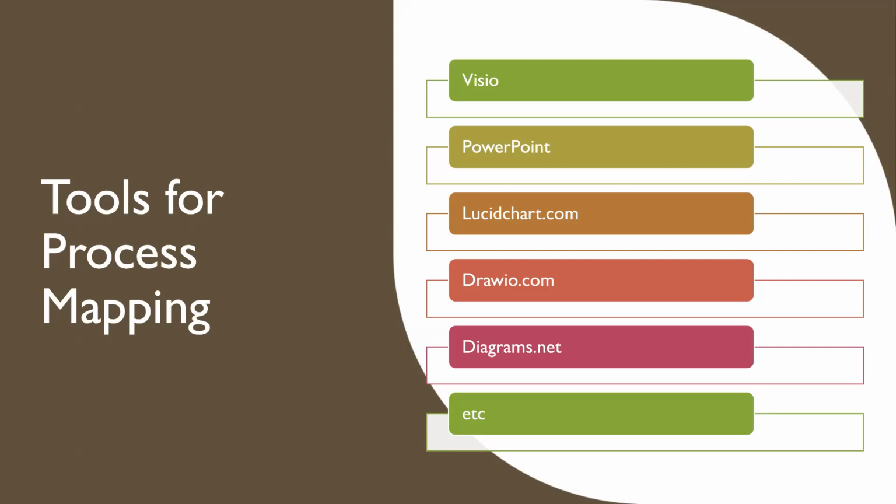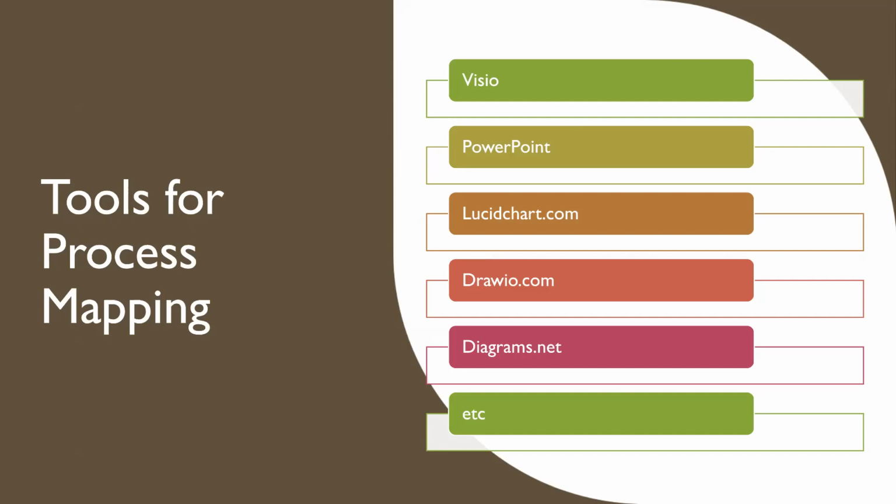Visio is a tool that is used for drawing. PowerPoint also can be used. You go to your insert, you see some of those basic notations I called, they are in PowerPoint, which we can also use to quickly draw our process map.